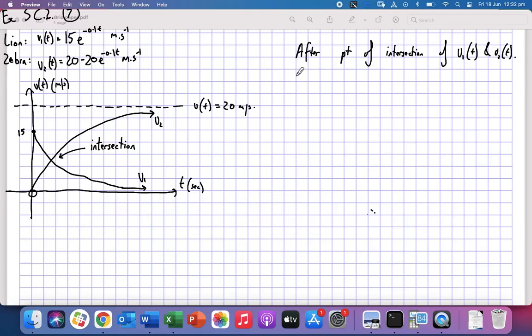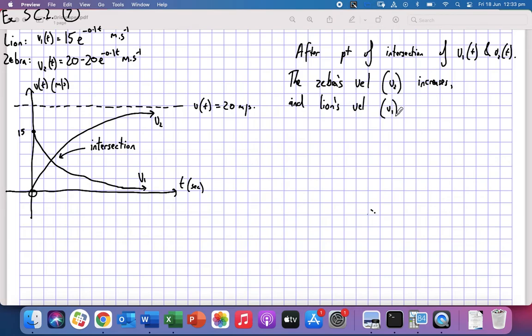The zebra's velocity keeps increasing. And that was V2, isn't it? V2 increases, whereas the lion's velocity decreases.